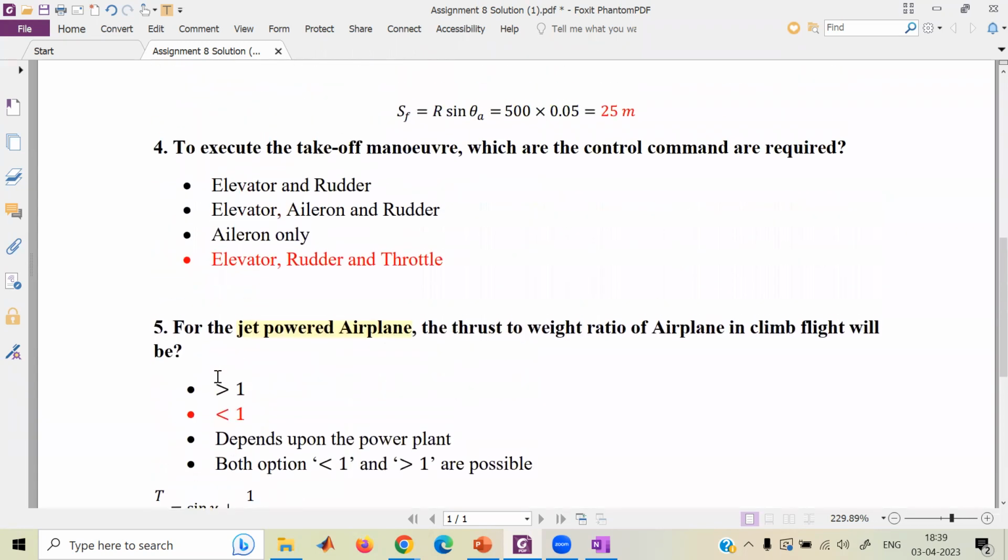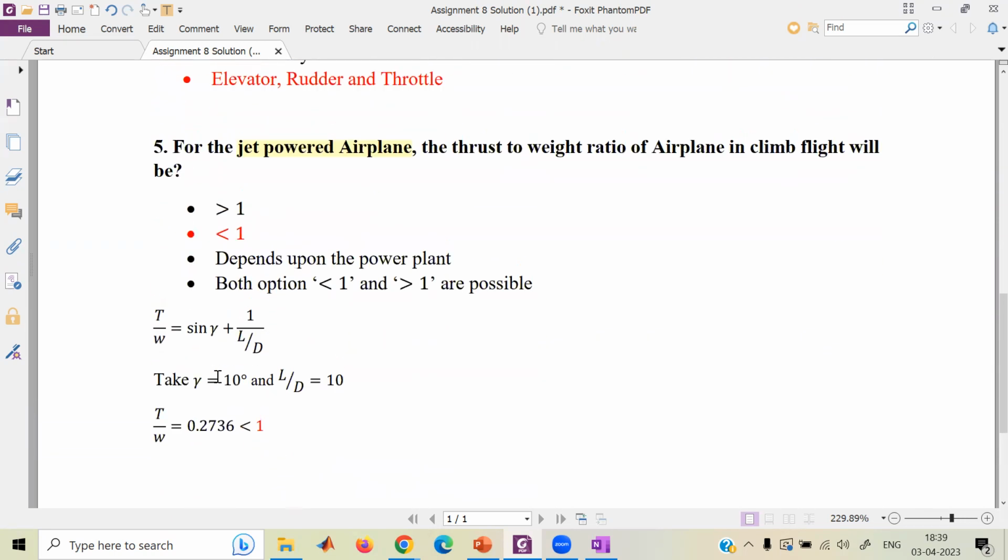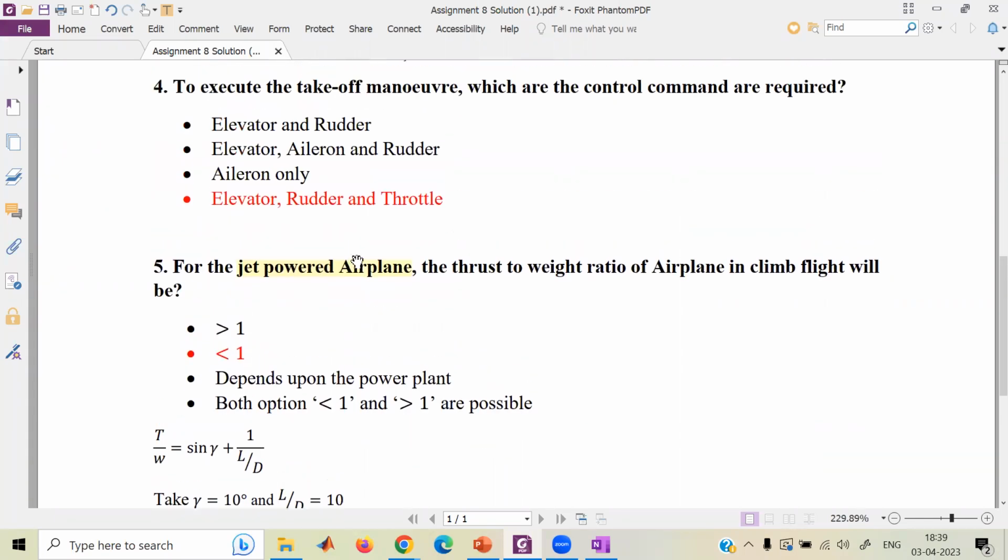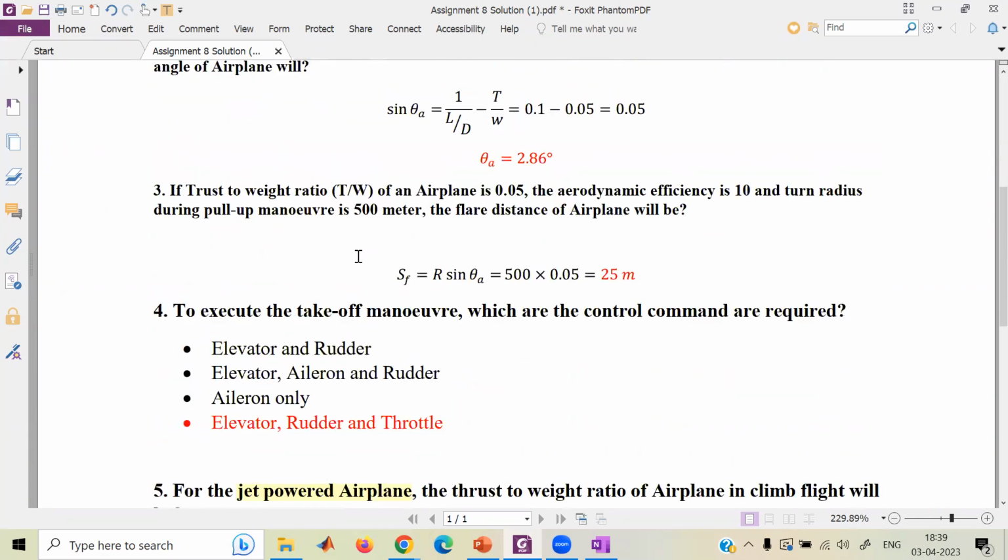So there are only 5 questions. And another thing, how did this expression come? Similarly to how we did it for the gliding one, just the opposite. We took it for takeoff. Is it the exact same equation or slightly different?